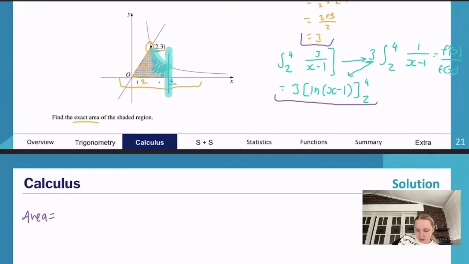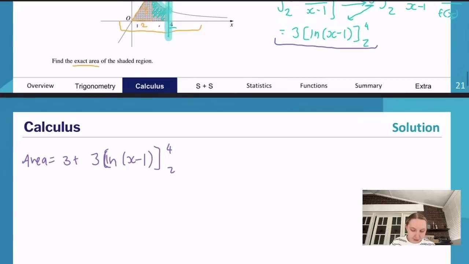So then the area is going to equal 3 plus 3 ln, whoops, I forgot the L, x minus 1, between 4 and 2. And then when we look at that, we're going to get 3 plus 3 ln 3. And again, we're finding area, so units squared.